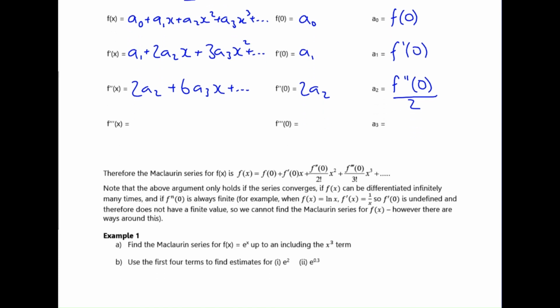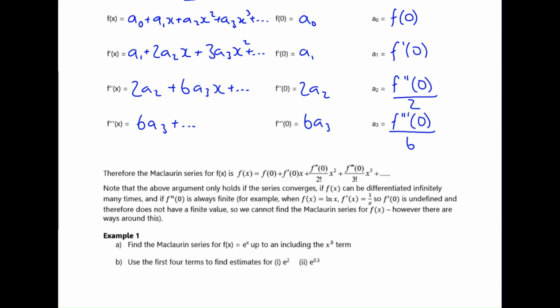We do this once more: differentiate 2a2, that disappears. Differentiate 6a3x, that gives me 6a3. You would also get more terms, another x term, and so on. Substituting 0 will just leave behind the 6a3, and so to work out a3, I differentiate f of x three times and divide through by 6.